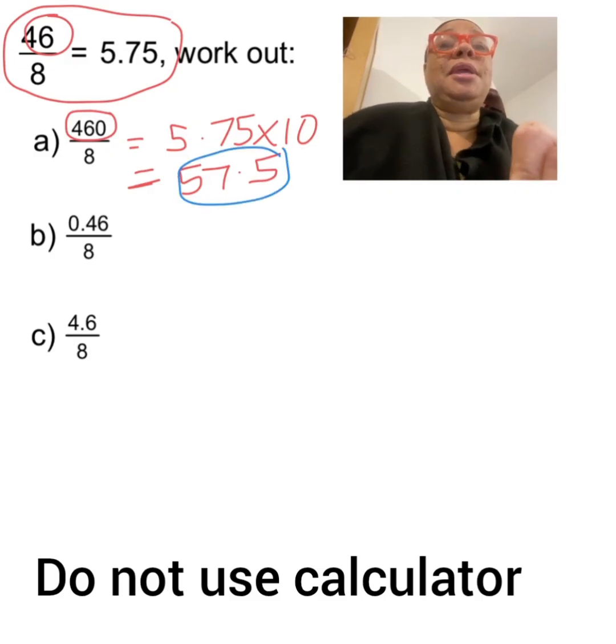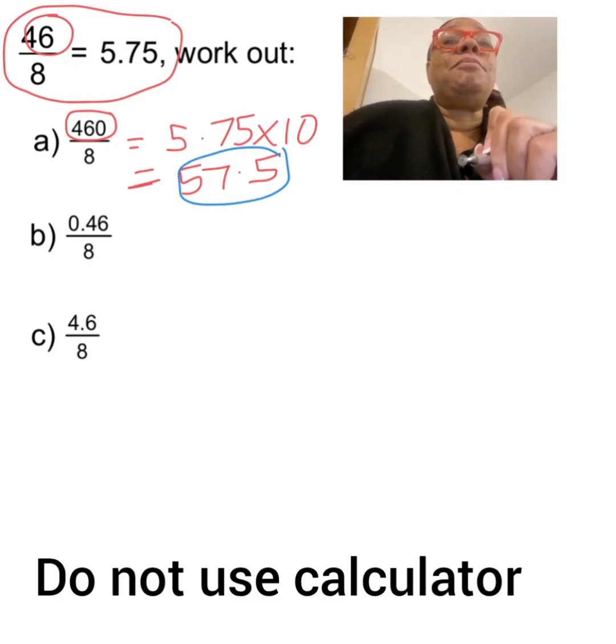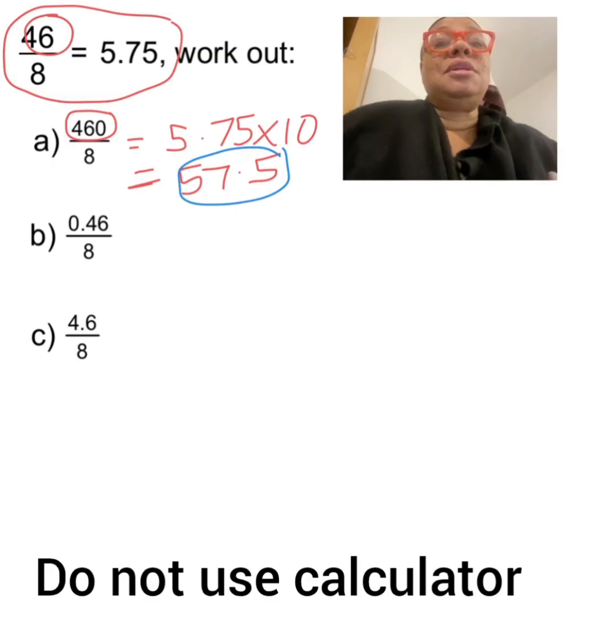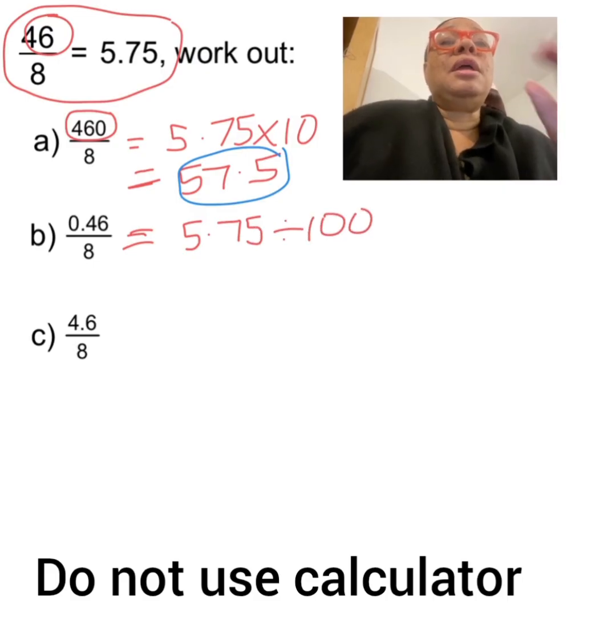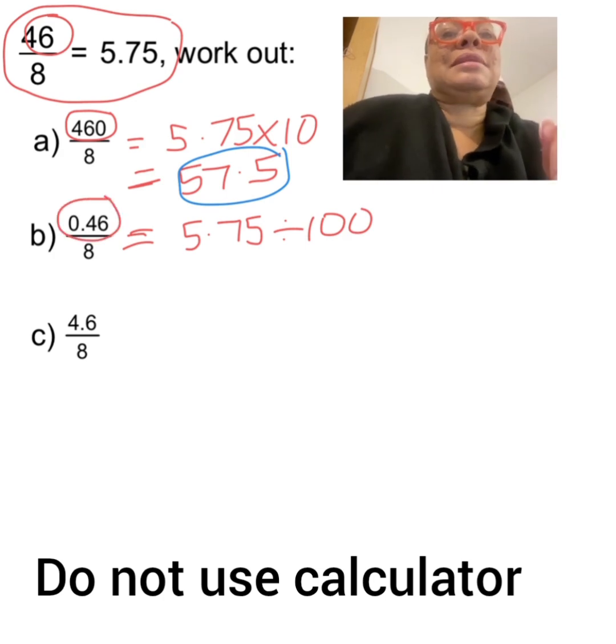Now let's look at B. This time the numerator has become smaller, and it has become smaller by 100 times. So we need to divide. When our numerator becomes smaller, we need to divide. So we take our original answer, which is 5.75, and then we divide that by 100 because our numerator is 100 times smaller. 0.46 is 100 times smaller than 46.